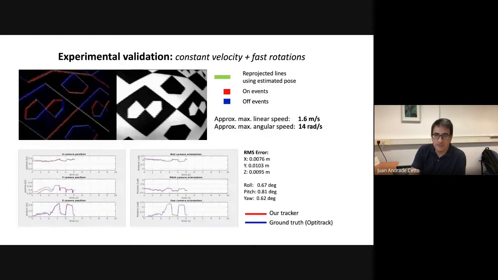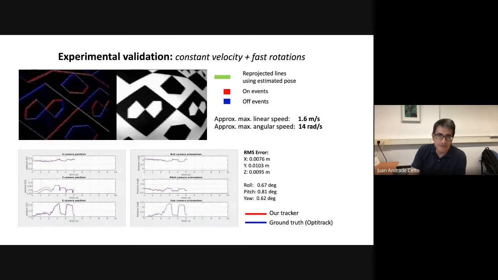So we said we need to build a system in order to search for the limit of this type of system. So what we did is that we built a mechanism in order to move the pattern at an even faster rate. With this system that we built, we were able to move the pattern at about 100 revolutions per minute.